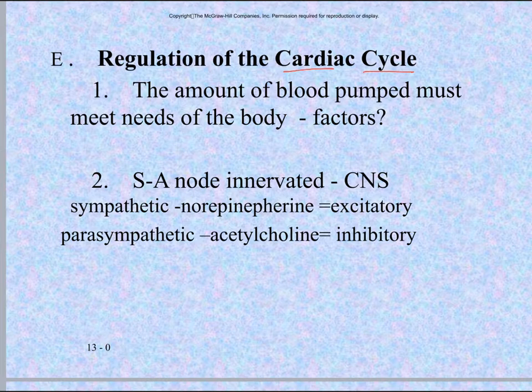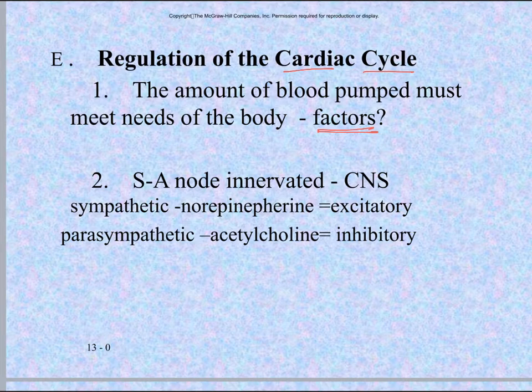We know those factors that create changes within our physiology, such as exercise, changes in pulmonary function, the amount of nutrients, the amount of oxygen and carbon dioxide that's found in the blood, and a variety of other things, really dictate the rate and force with which we move blood.